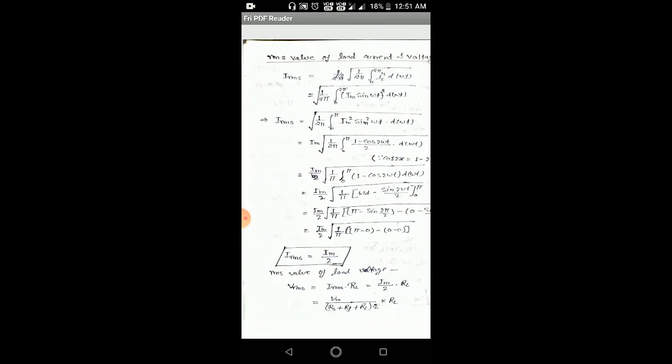Now the RMS value of the load current. By the formula, IRMS is equal to under root of 1 upon 2 pi integration from 0 to 2 pi of IL square d omega t. Again for 0 to pi we have the output and for pi to 2 pi we have no output.